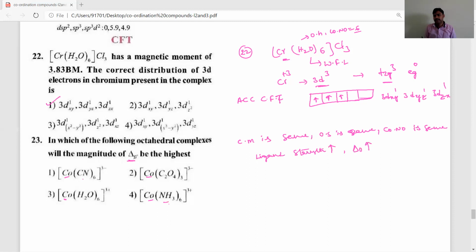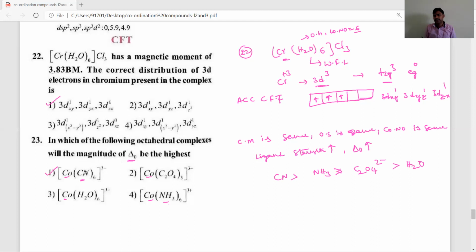Among these, CN is a strong field ligand, that's why it has the highest delta naught value. The ligand strength order is CN, then NH3, then C2O4 2 minus, and then H2O.